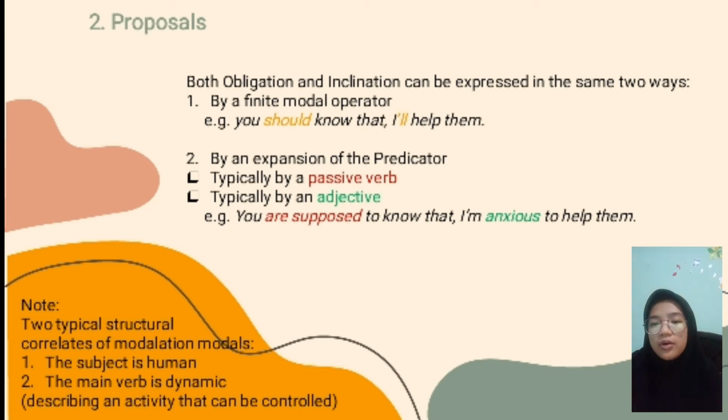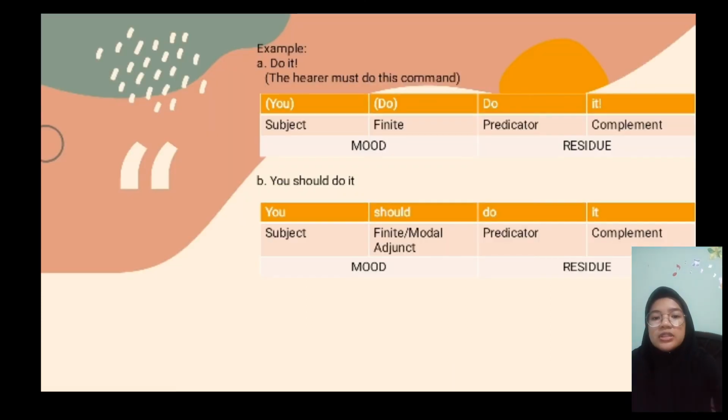Okay, we go on to the next slide. It is the example. Do it. It means the hearer must do this command. We can see the subject, you, is implied in the mood, and do it is predicator and complement, so it is the residue.